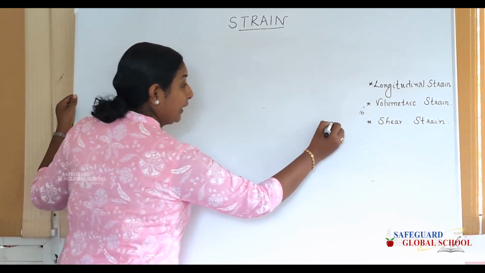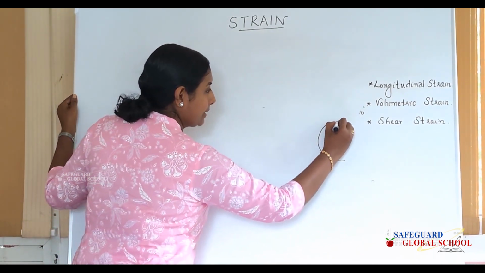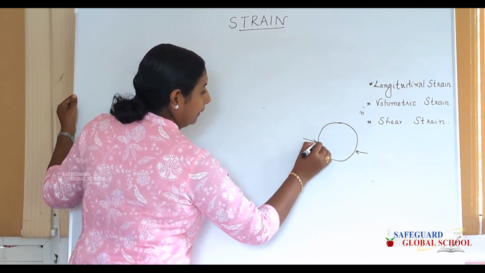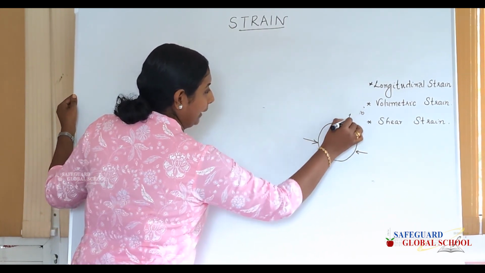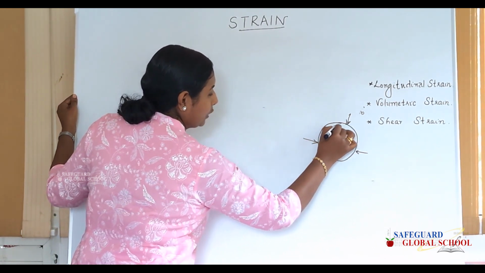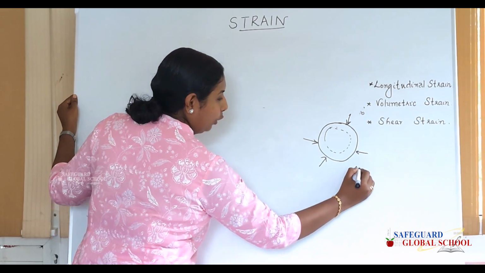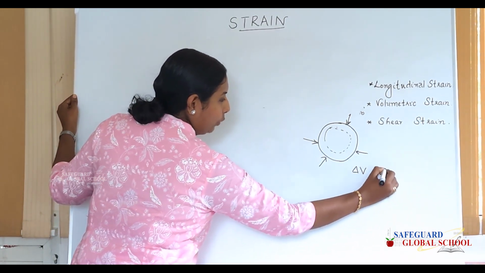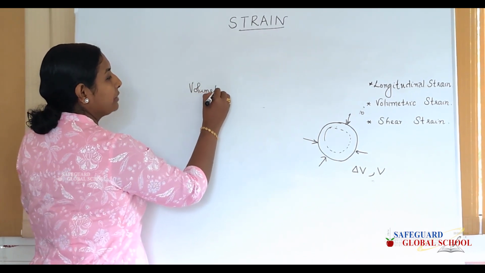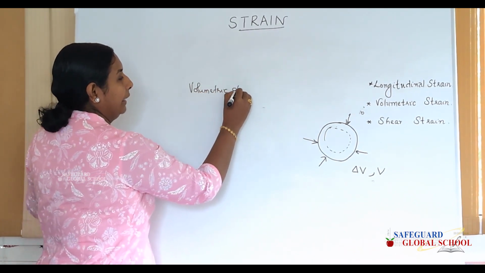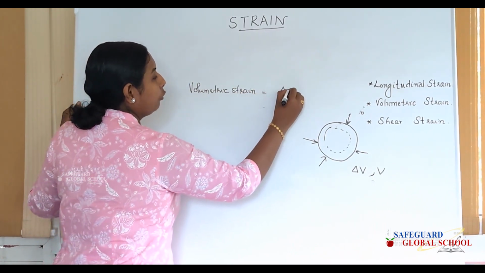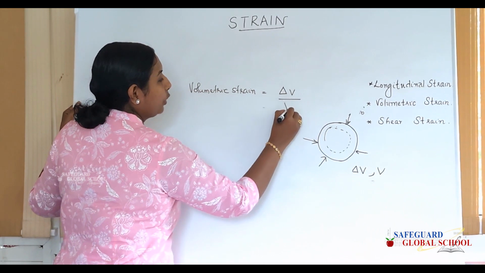Next, we will deal with volumetric strain. In the last class, we have noted, suppose there is a bubble or a water drop. We are applying the force very uniformly so that there is a change in volume. The original volume was V. So how will you write volumetric strain? Volumetric strain can be defined as the ratio of change in volume divided by original volume.